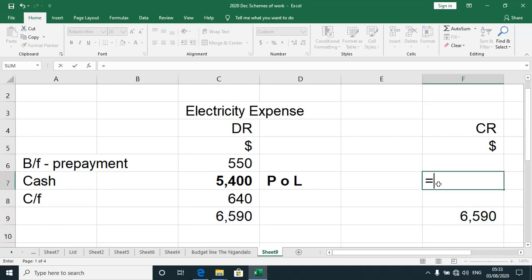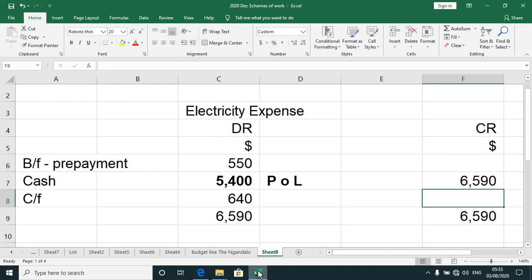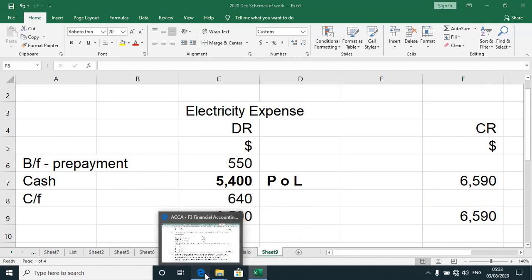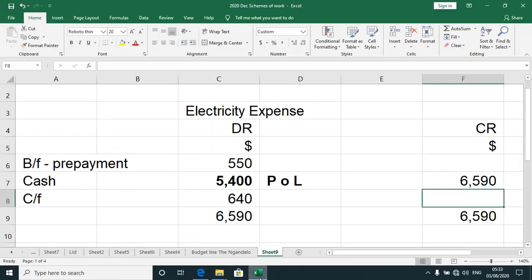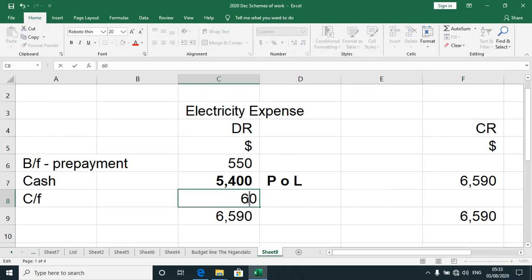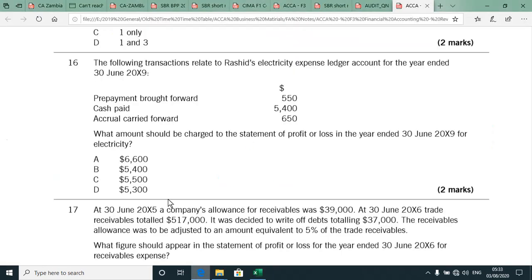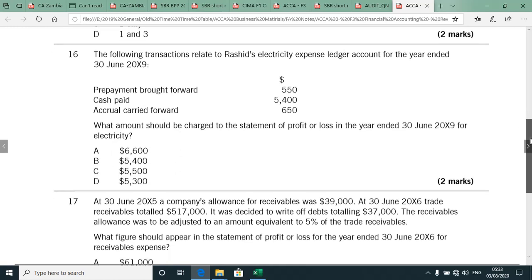Okay, that's what you have there. 6590 rather, 6590. Is that correct? I think I could have made a mistake on one of my figures here. So 550, 54, 650. Let me just check. 550, 54, 650. It's supposed to be 650 there. Okay, so I've got that figure. A is the correct option there.